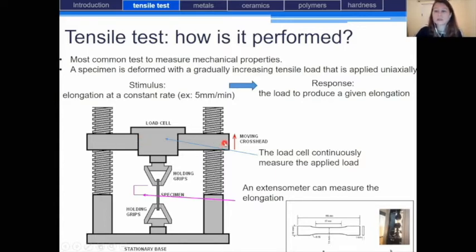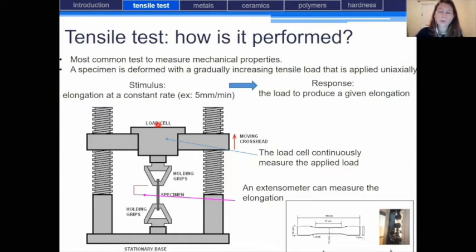So in this test, as we said, we will control the strain rate, and you will have this load cell that will continuously measure the applied load that needs to be applied in order to maintain this elongation rate.